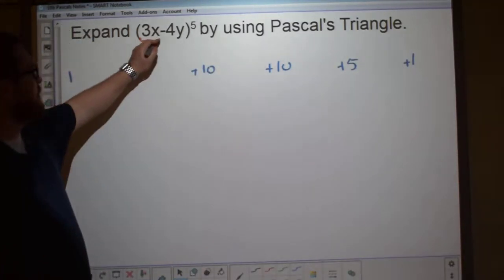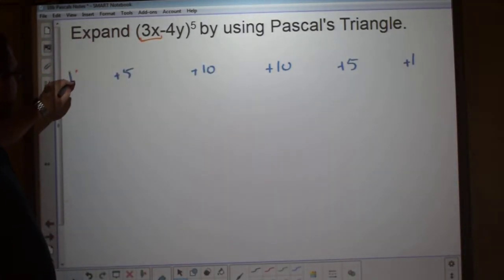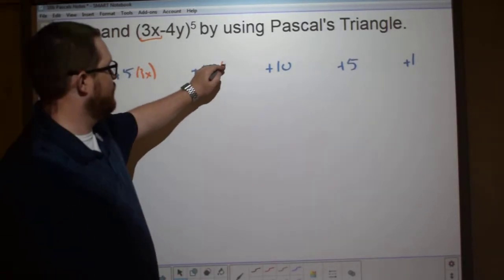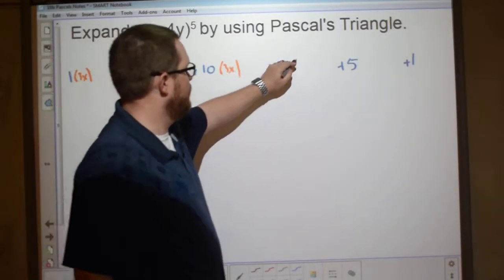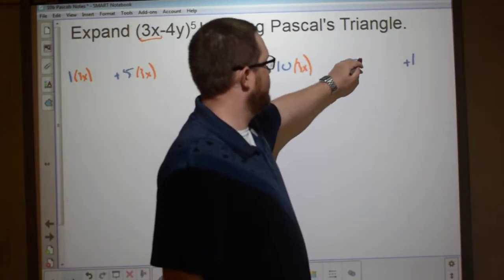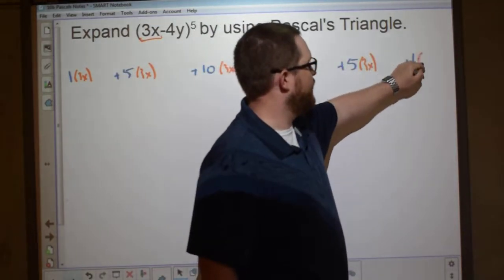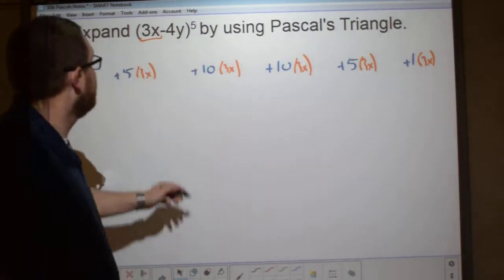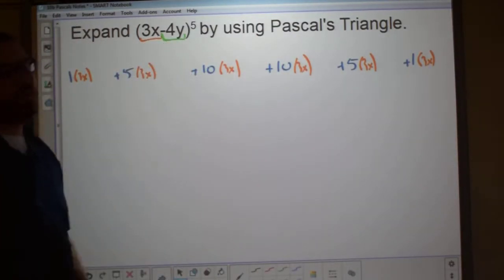The A term this time is 3x. So 3x, 3x, 3x, 3x, 3x, and 3x. And the B term is negative 4y.